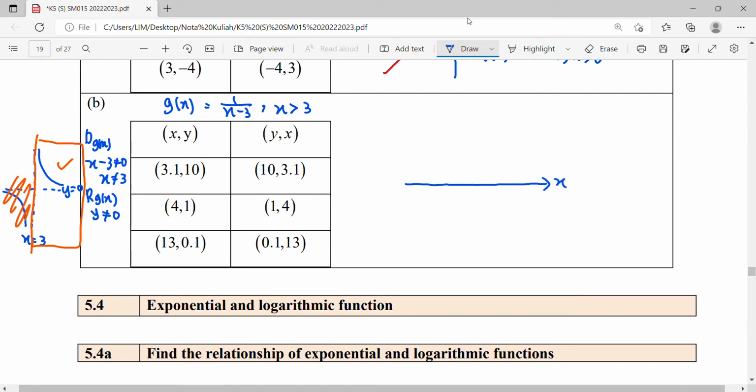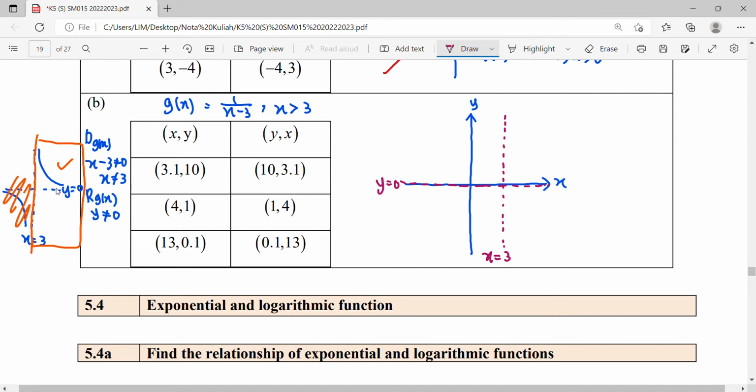Then we set up our x-axis, y-axis, drawing back your asymptotes, the horizontal asymptote where y equals to 0. You can see range is not equal to 0, so the graph cannot touch 0, so it will be the line for our asymptote. x cannot equal to 3, so x equals to 3.